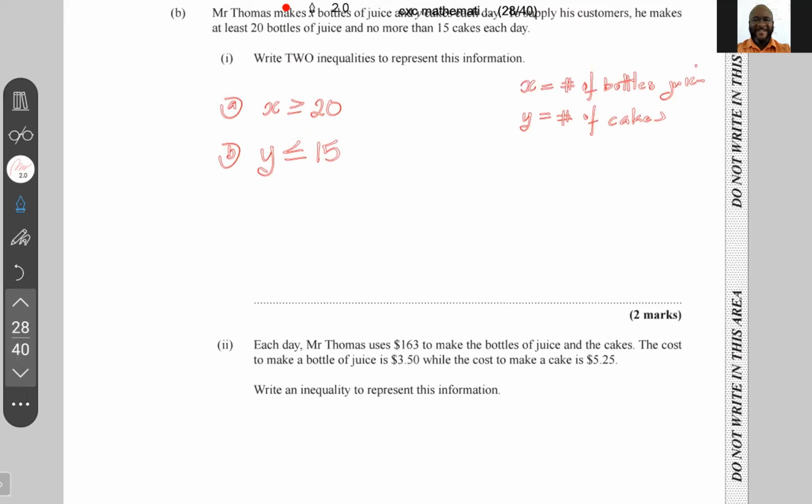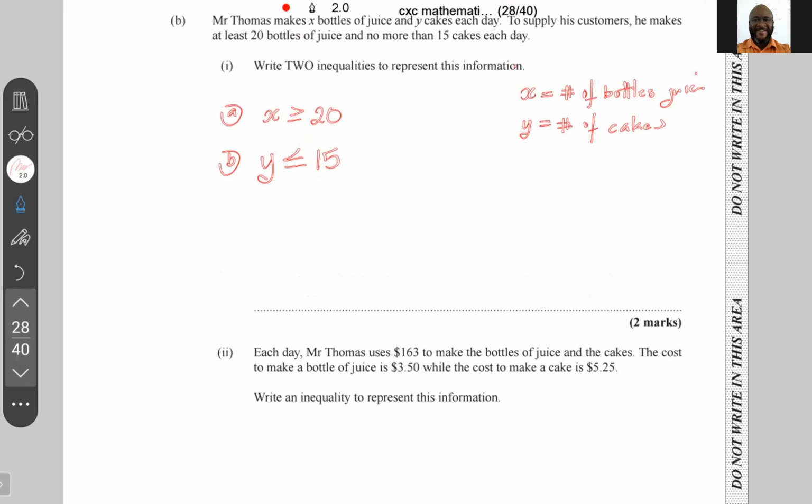Guys, here it is. The cost of a bottle of juice is $3.50, and the cost of a cake is $5.25.